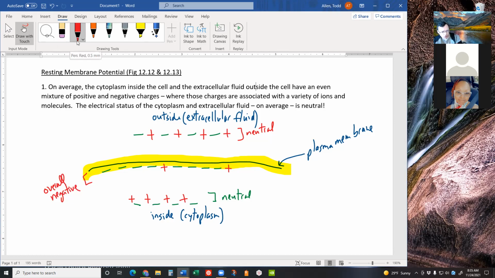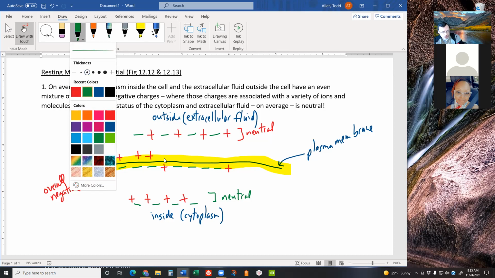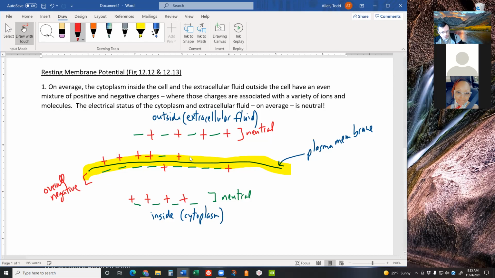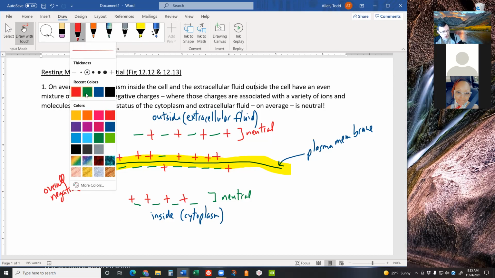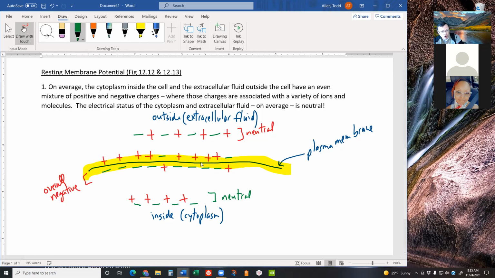And on the outer surface of the membrane, I have the exact opposite situation where I would have roughly 4 positive charges for 1 negative charge. So that the outer surface of the membrane, on average, is overall positive.